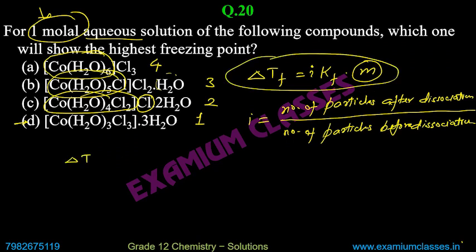Delta TF is proportional to i. KF and m are constant. Molality is the same thing. And delta TF is actually TF naught minus TF.